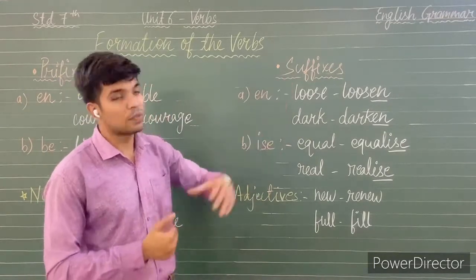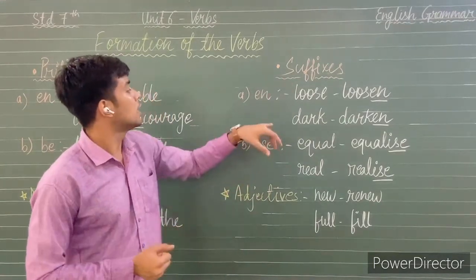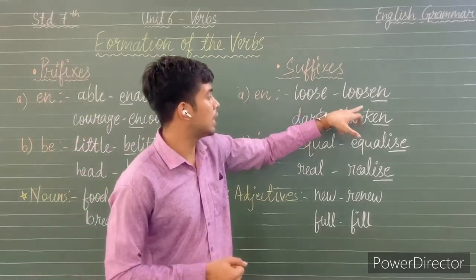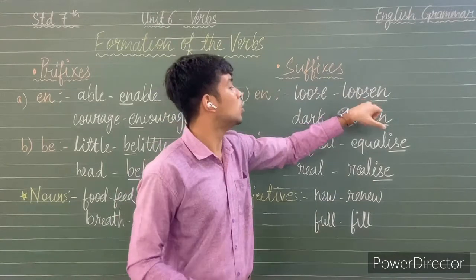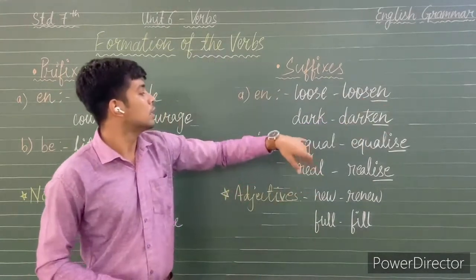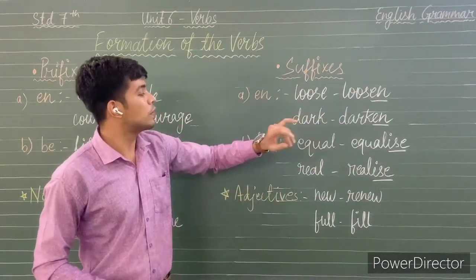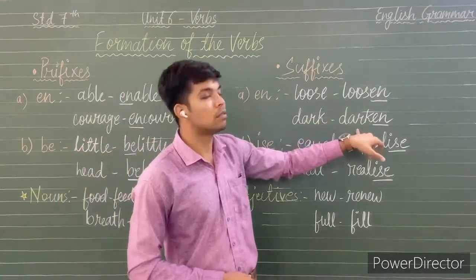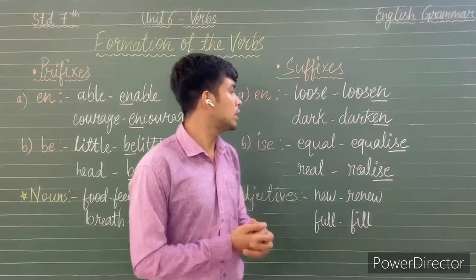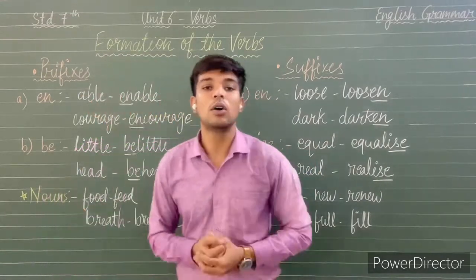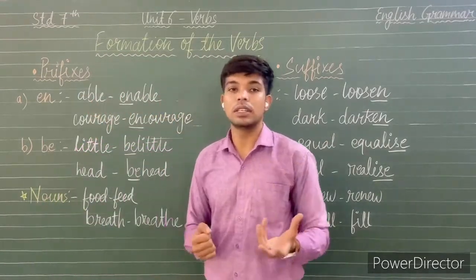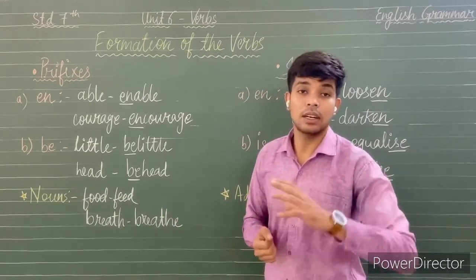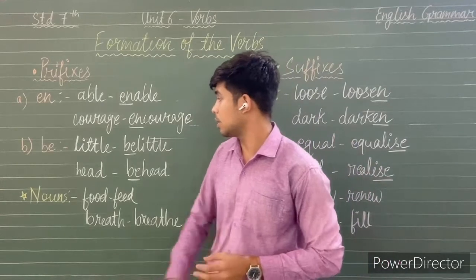If we look at the suffix, en is used with loose and it becomes the verb loosen. Then if we add the suffix to the word dark, it will become the verb darken. So this is the way some words with the help of a prefix and suffix become another verb.